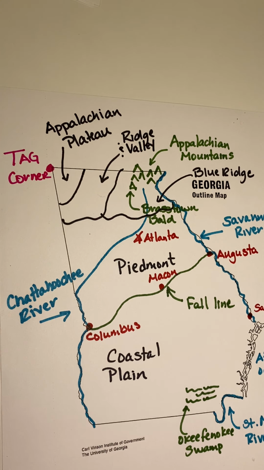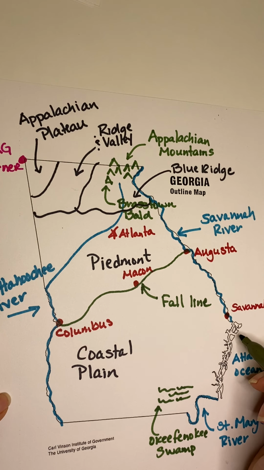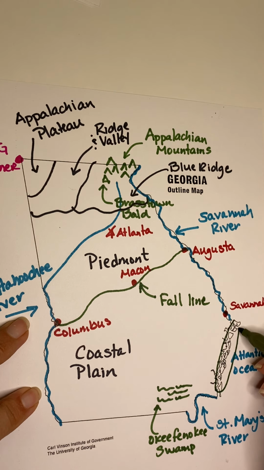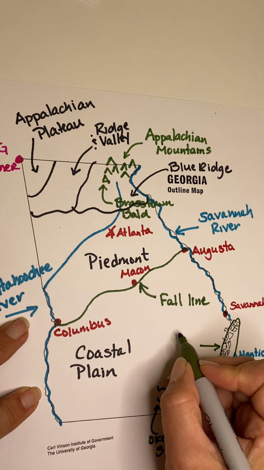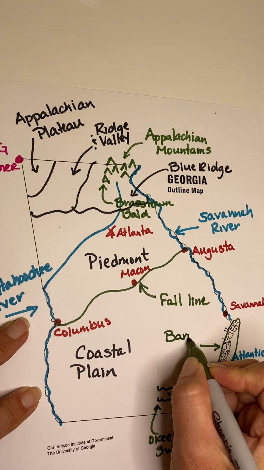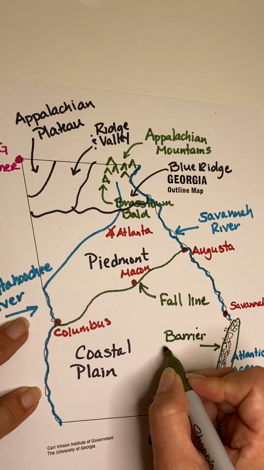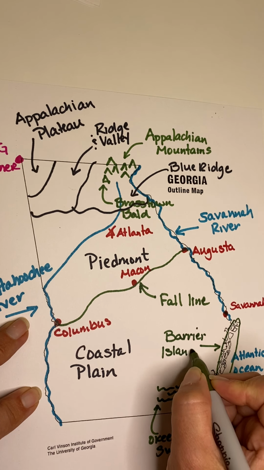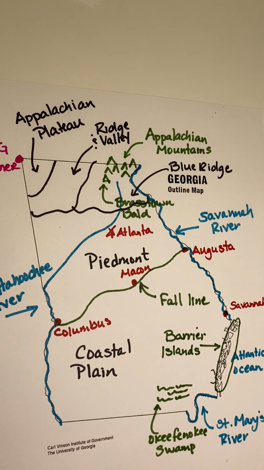That's what the tag stands for. And then our final thing that I missed earlier were the barrier islands. The barrier islands are all of these little islands right here. I'm just gonna circle them. And those are the barrier islands. Very important to Georgia's coast, keeping it protected from storms, all of that wind erosion and water erosion.